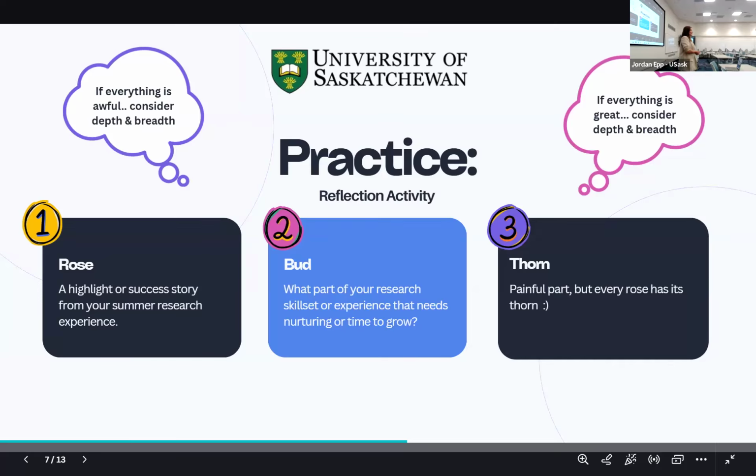I'm gonna give you guys some time to practice again, practicing with your neighbor. Again, the more you are comfortable talking about yourself and your research experience, the easier next week is gonna be. So if you're fine with the same partners from before, you can just partner up again. Just a minute or two each, so 2 minutes total, to review this and then share with your partner the rosebud thorn of your summer research.